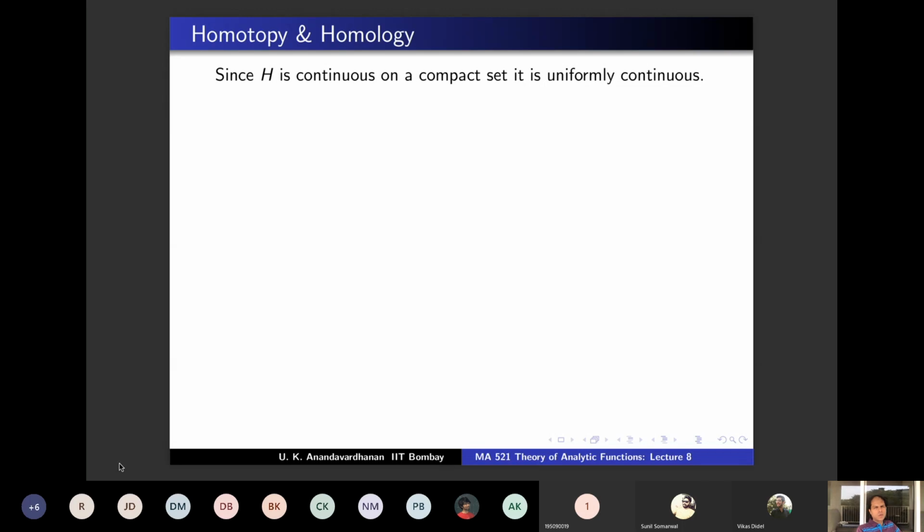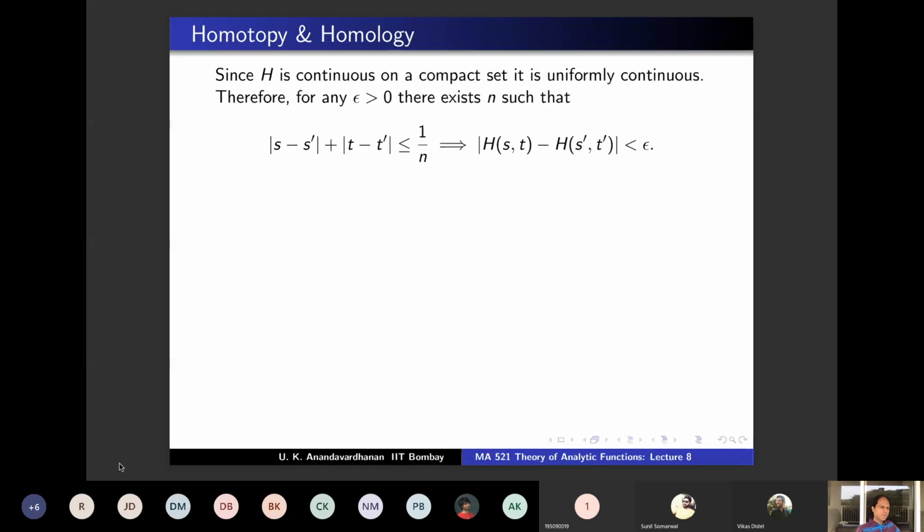So that's uniformly continuous, and because of this, for every epsilon, there is a delta. My delta is going to be 1 by n here. So there exists an n such that if this condition is satisfied, mod s minus s prime plus mod t minus t prime is less than or equal to 1 by n, then modulus of h of s t minus h of s prime t prime is strictly less than epsilon.